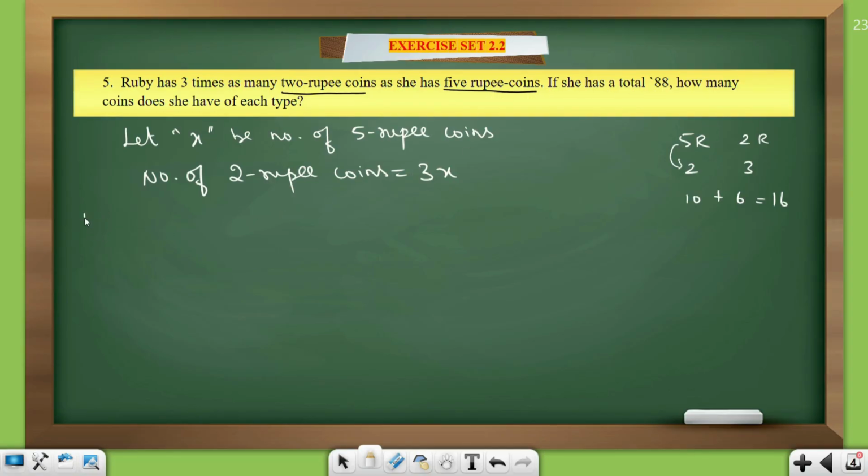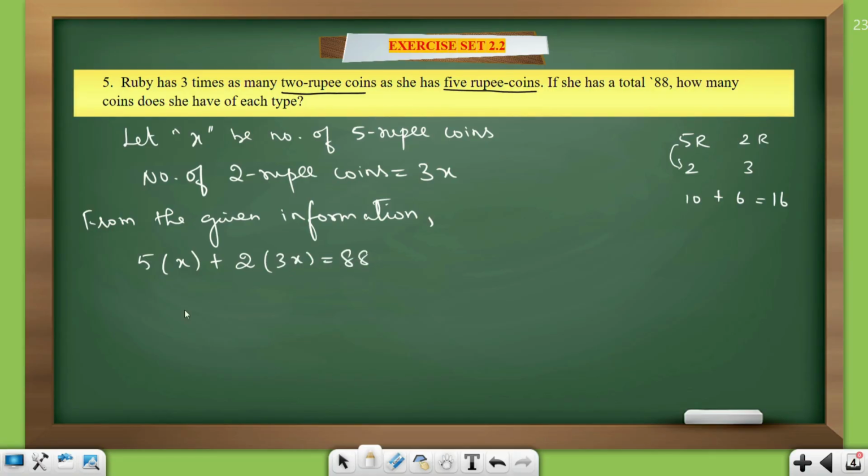So from the given information, it is clear that 5 times the number of 5 rupee coins, x, plus 2 times the number of 2 rupee coins, 3x, equals 88.